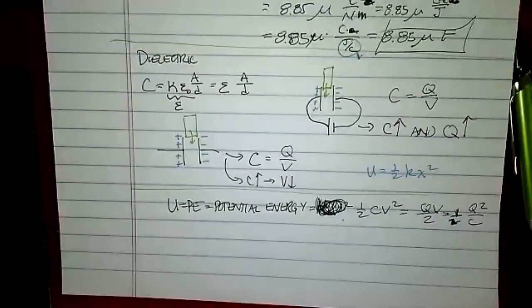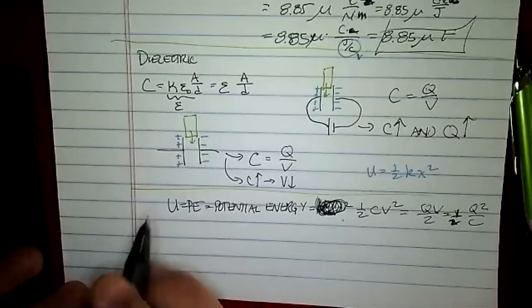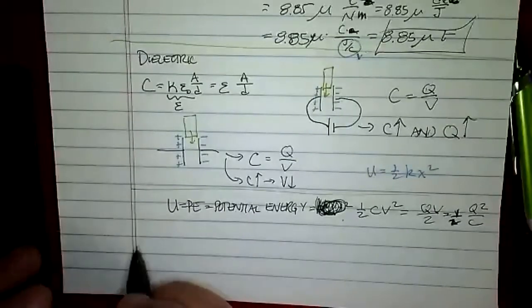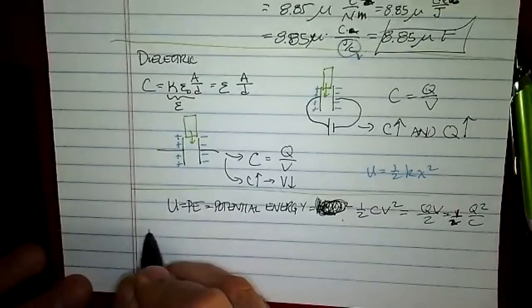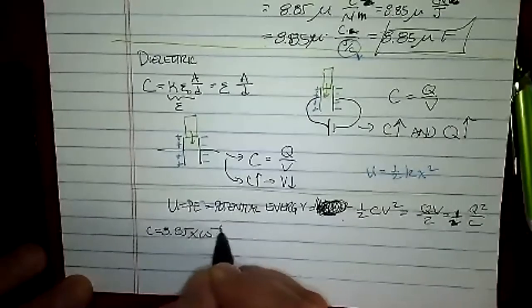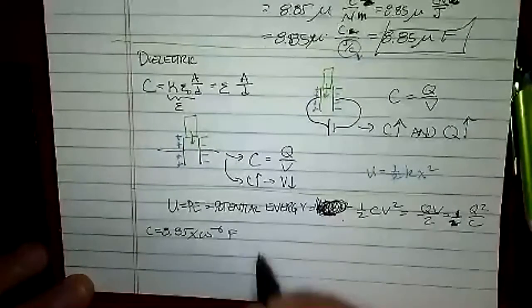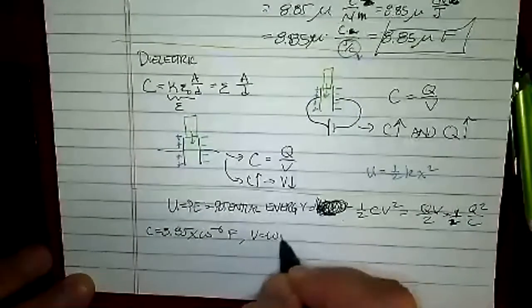The problems for this are really trivial. I don't even want to waste your time too much, but basically if you took that capacitor that we did earlier and you put it on a voltage of, let's say, 10 volts. So let's say C is equal to 8.85 times 10 to the negative 6 farads, and the voltage is equal to 10 volts.